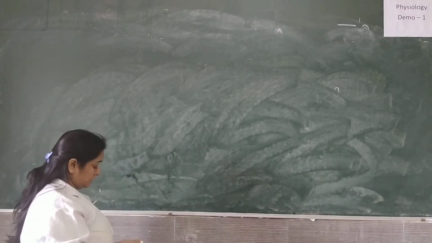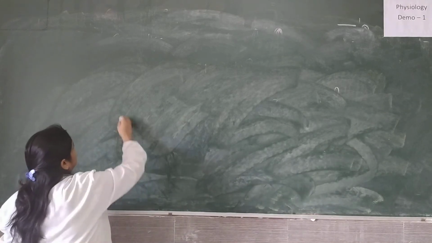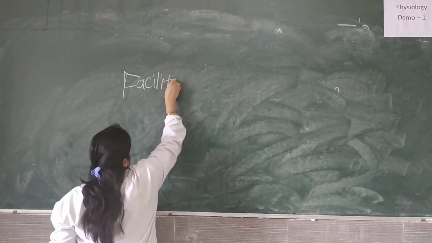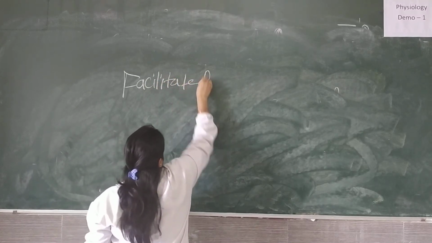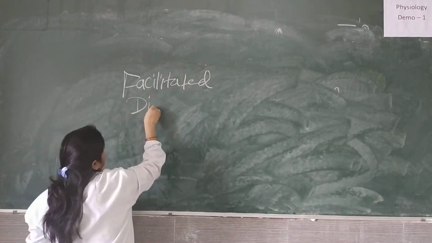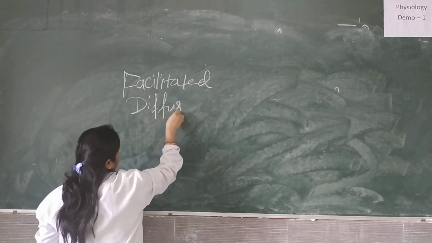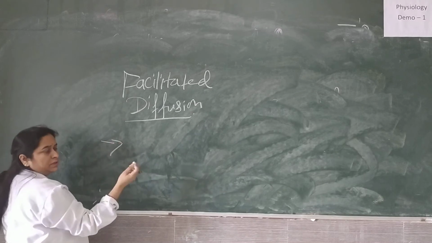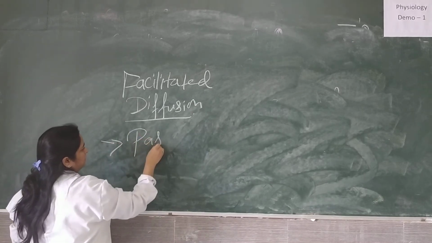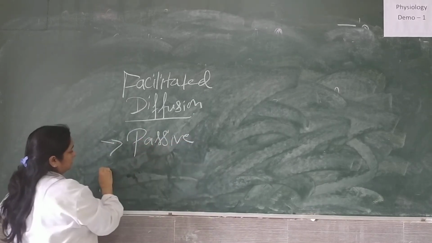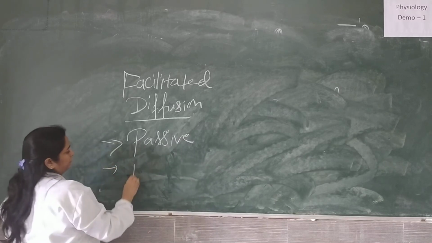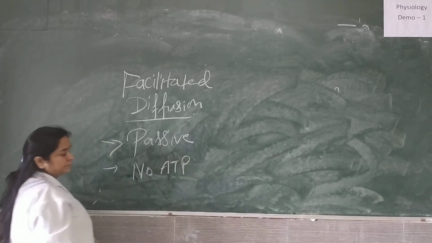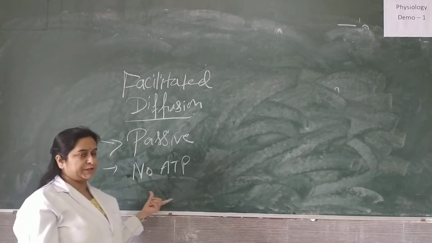Now we'll talk about facilitated diffusion. Again, facilitated diffusion is a passive process, with no expenditure of ATP.